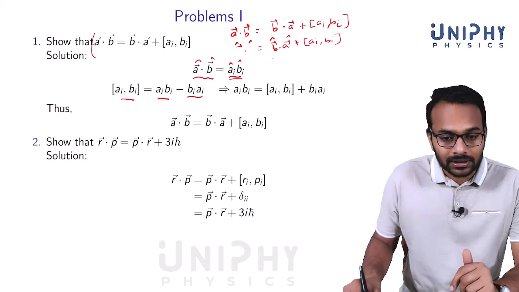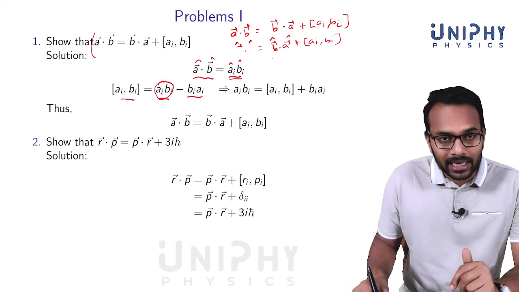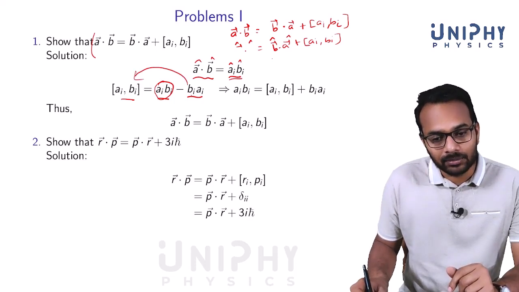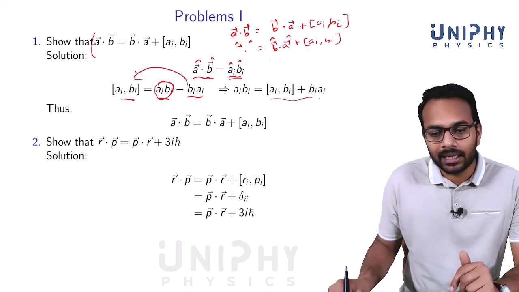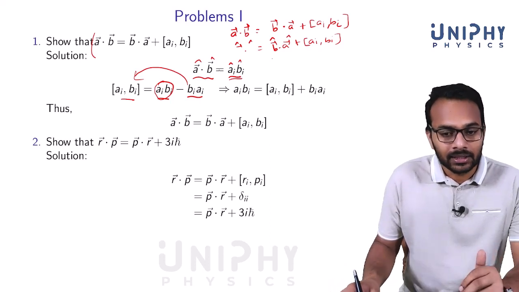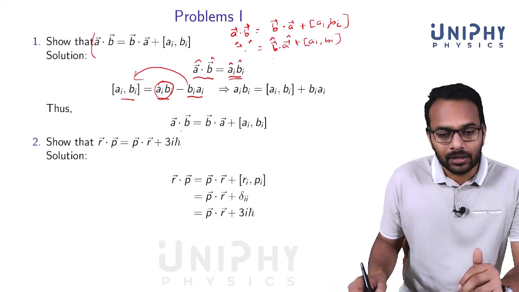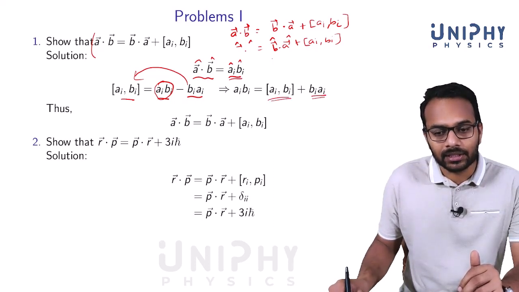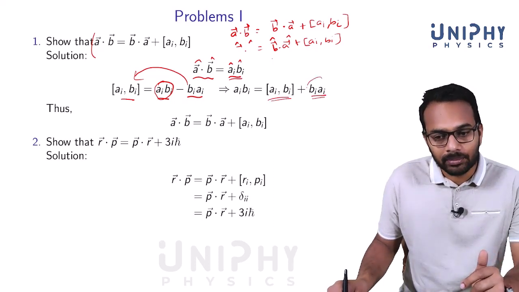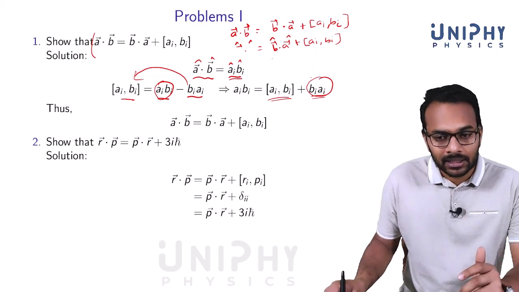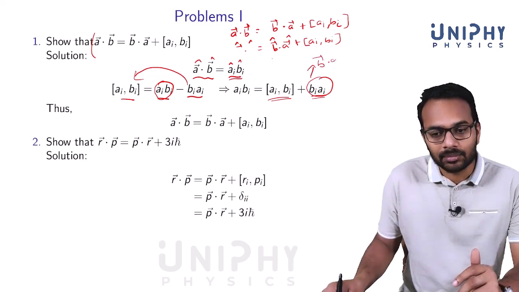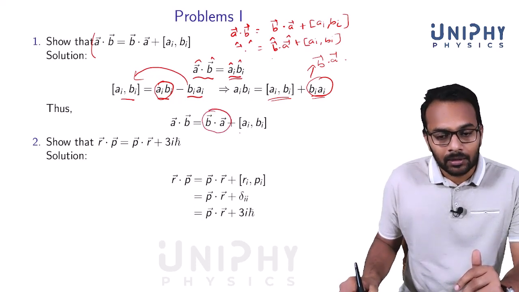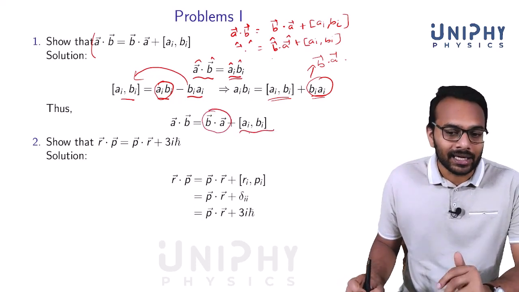So this means that aibi is equal to the commutator ai with bi plus biai. So instead of aibi, we have biai plus the commutator of ai with bi. And what's biai? Remember there was a summation, so this biai is nothing but b vector dot a vector. So we have got b vector dot a vector plus the commutator ai with bi.